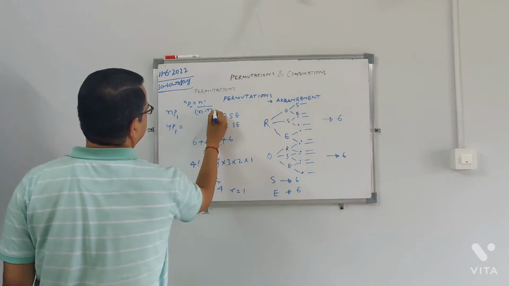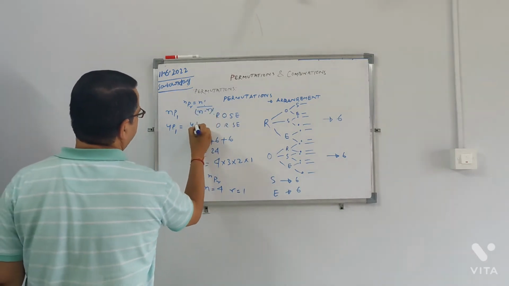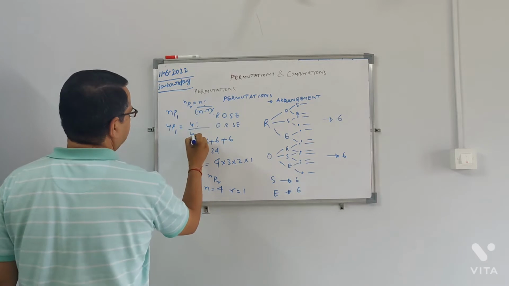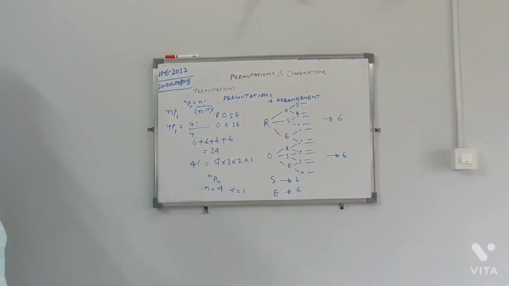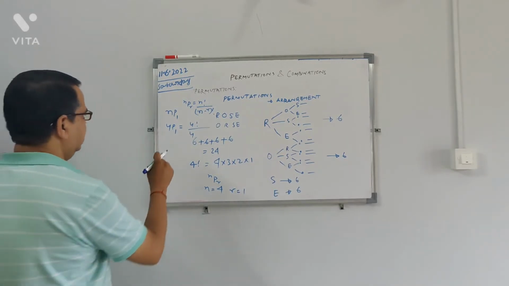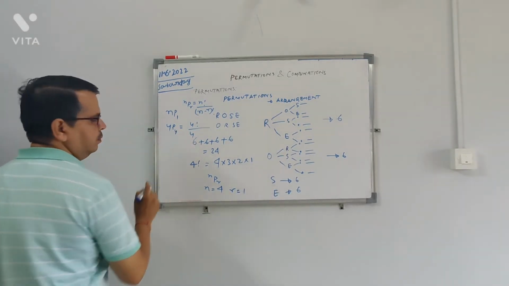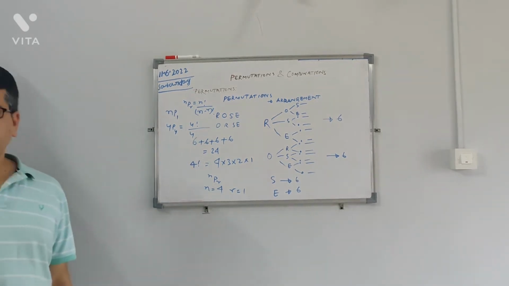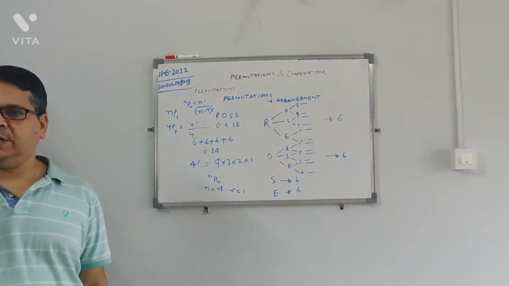Here you are taking 4 at a time, so it becomes 4P4. You have 4 members and you are taking all 4 at a time.